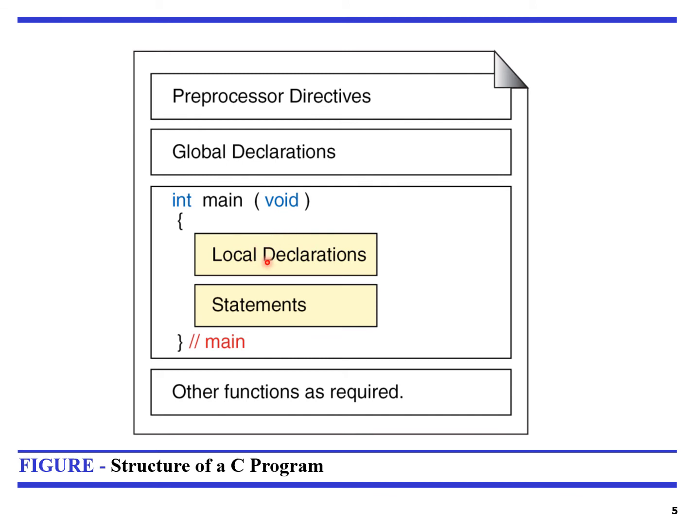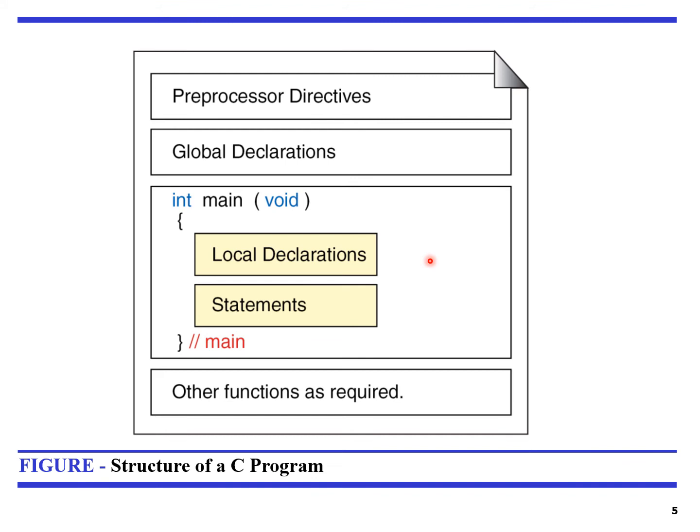Then the local declaration section. In programming, a declaration is a statement describing an identifier, such as the name of a variable or a function. Declarations are important because they inform the compiler or interpreter what the identifying word means and how the identified things should be used.